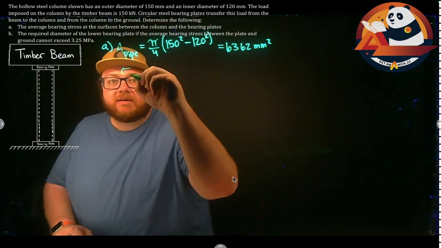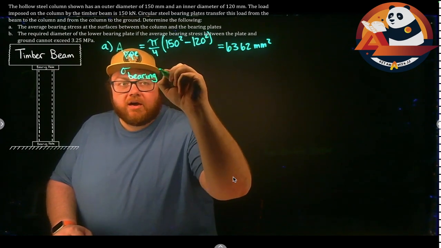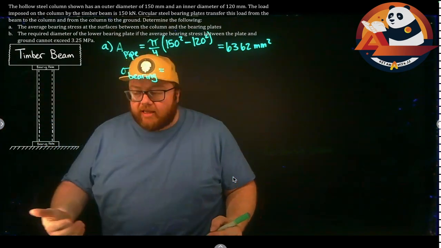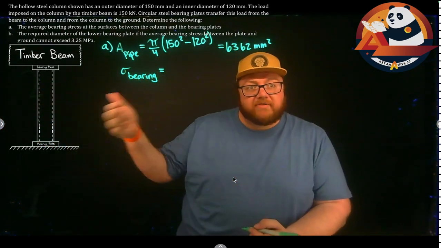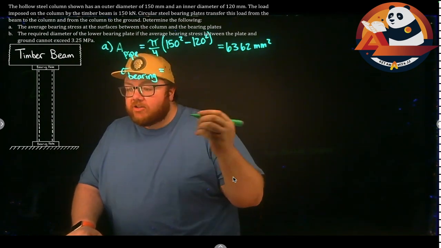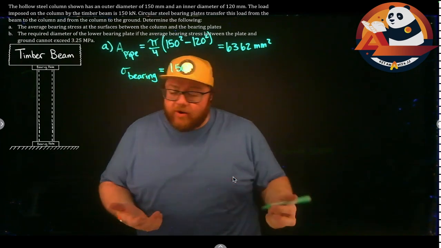My sigma bearing on those plates onto the pipe, or the pipe onto the plate, should be force divided by area. I just got that area of the pipe, so this would just be 150. But there's one quick thing we want to check.